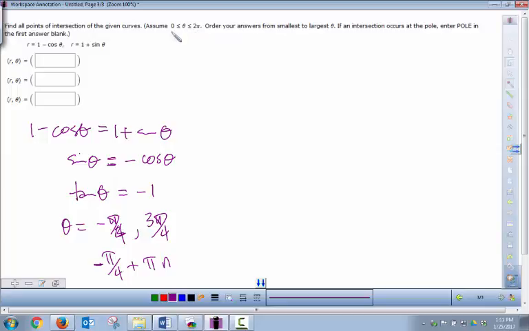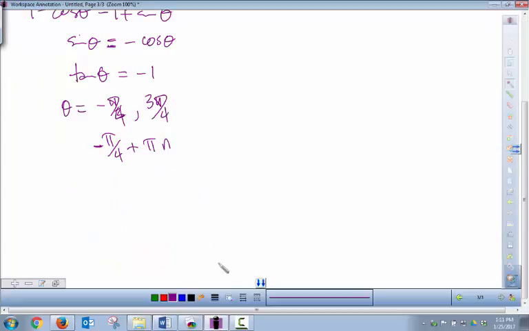So actually, we want the angles between 0 and 2 pi. So 0 and 2 pi, right here.